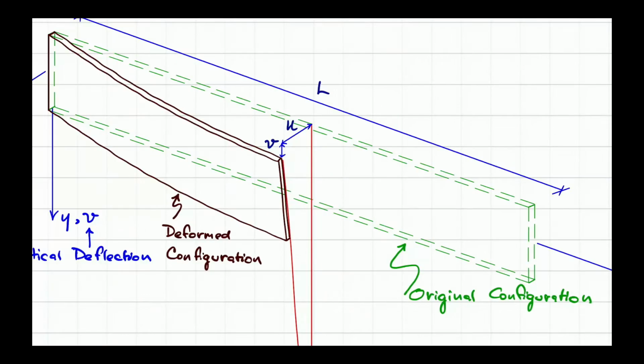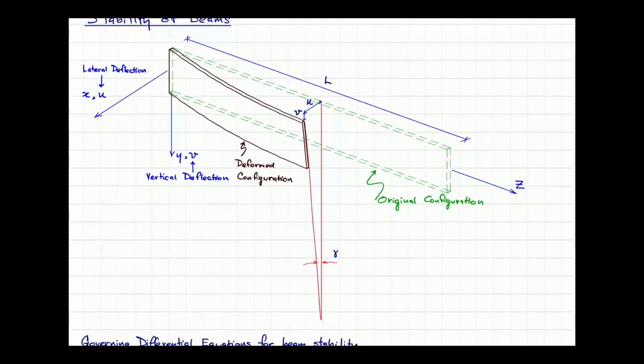The point is that this is how we call the displacement. So the displacement U stems from the lateral motion, which is a measure to the original configuration, and V is the deflection. So from this figure you can get what happened over this given cross section.